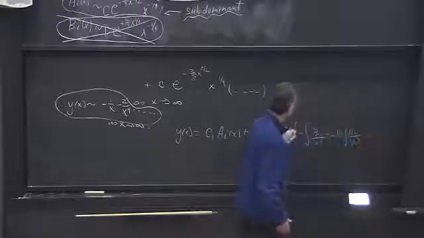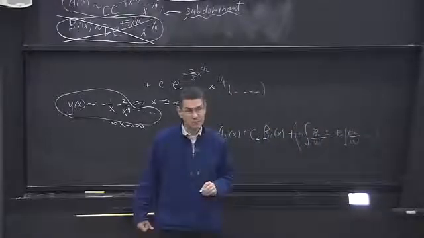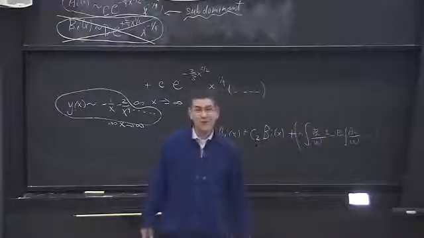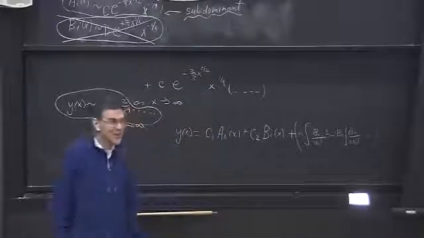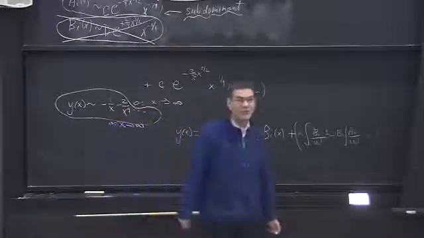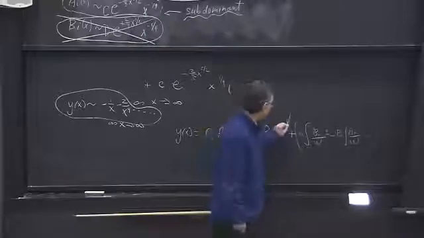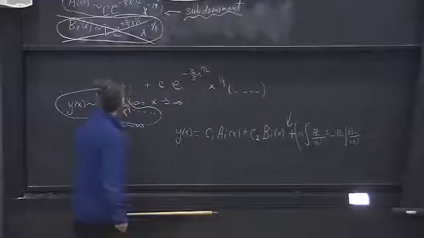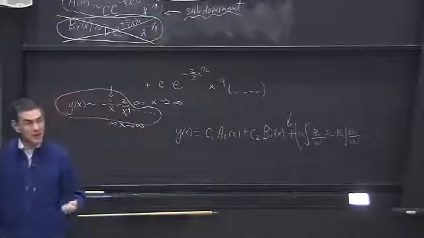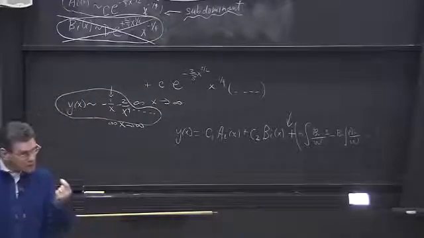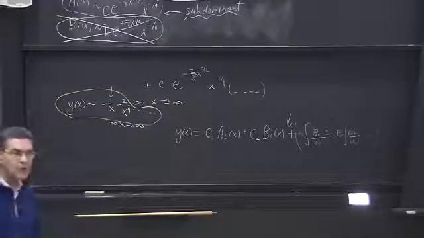If you remember your variation of parameters calculation, this is horrendous. This is really awful, and you've written the answer in terms of transcendental functions. Which do you like better, that or that? You see what asymptotics does? It makes everything perfectly transparent. You know how it's behaving.